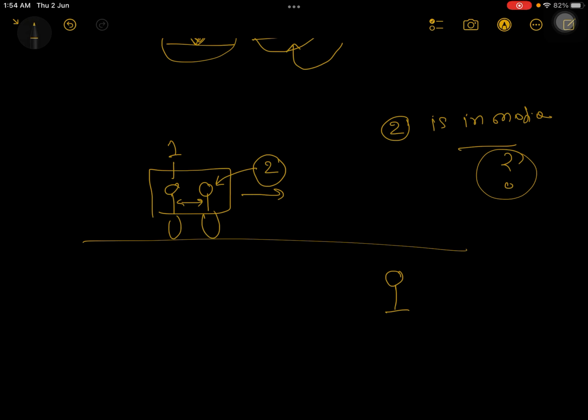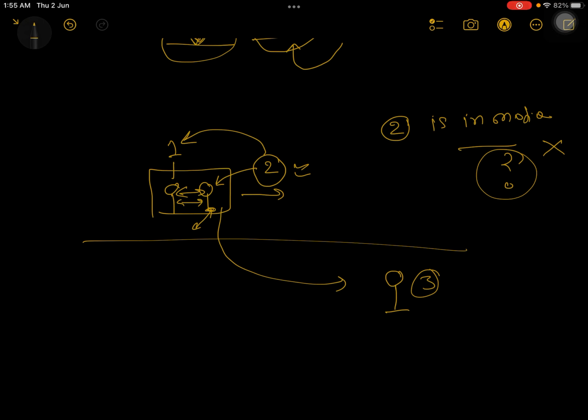No guys, whenever we are thinking about whether motion is there or not, we should always ask the complete question. With respect to person 1, person 2 is not in motion, but with respect to this third person, person 2 is in motion, because with respect to person 1, person 2 is not changing its position.